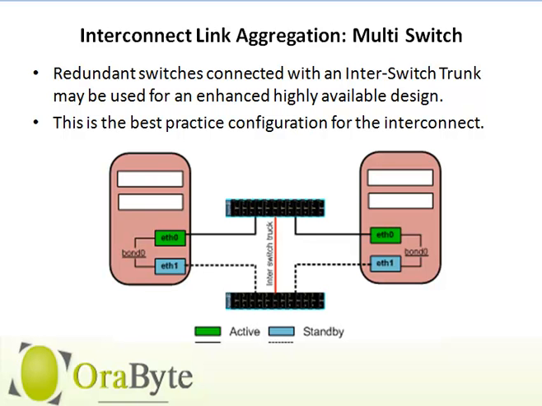So interconnect link aggregation in a multi-switch. The moment we talk about Oracle Clusterware and Oracle RAC, we are talking about setting up various things. First, that we are not going to have any point of single failure in the whole infrastructure.